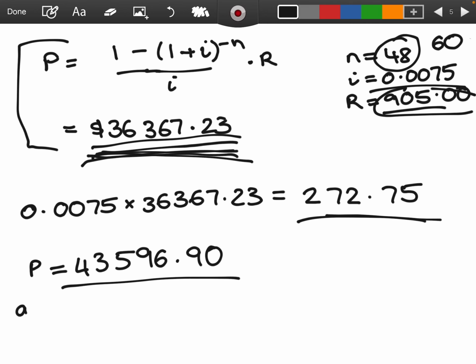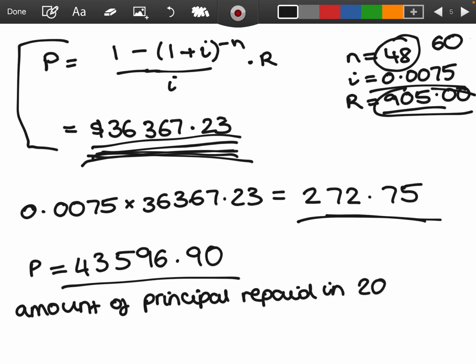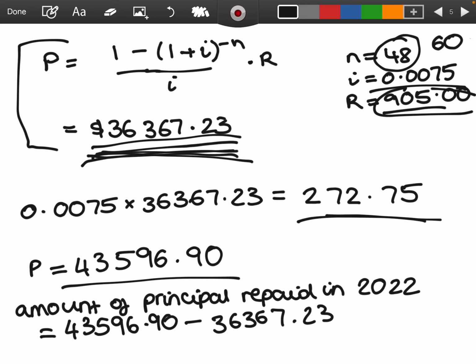So the amount of principal repaid in 2022 will be how much we had left on the loan at the end of 2021 minus how much of the loan we had left at the end of 2022, which should give us $7,229.67. Okay, that's how much we repaid during that year.